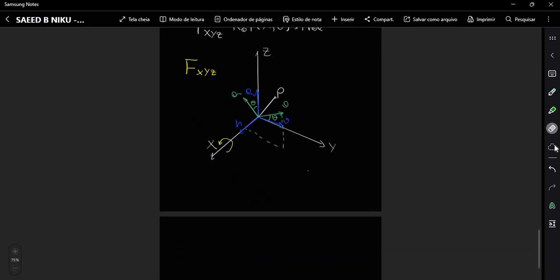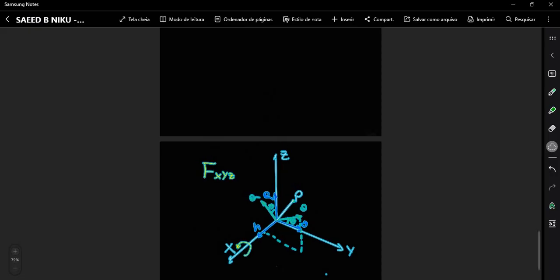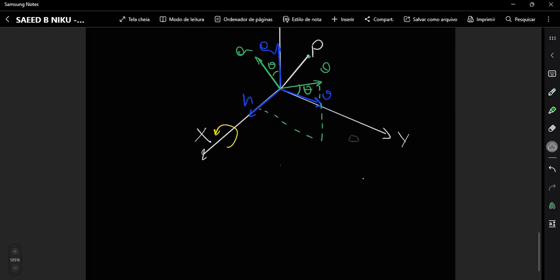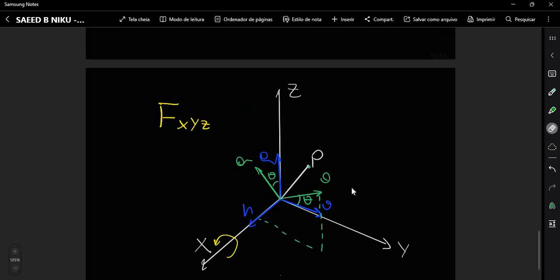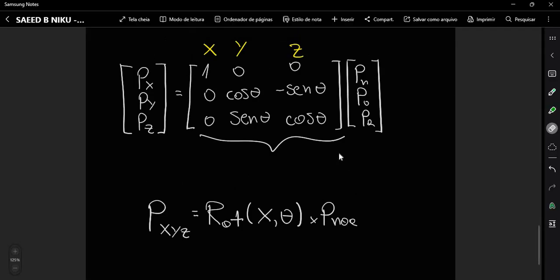What I wanted to do on this video is to show you the types of pure rotation matrix that we have. Those are characteristic matrices for pure rotation movement.